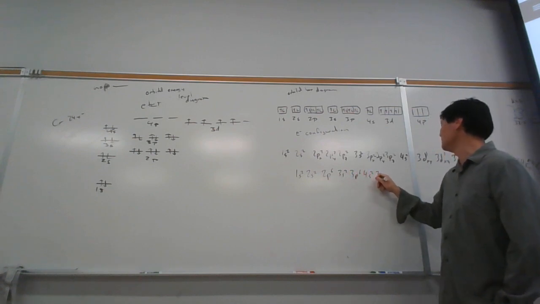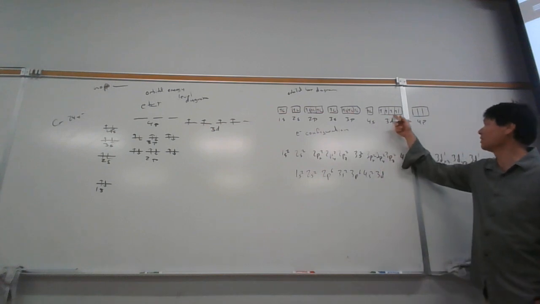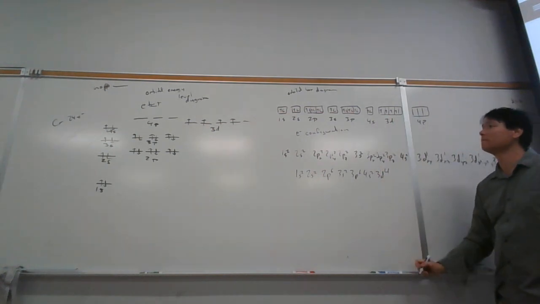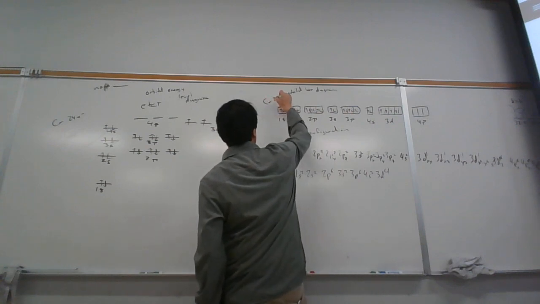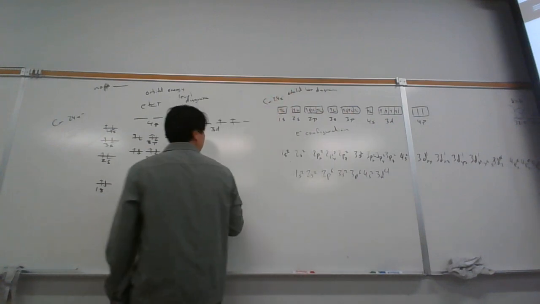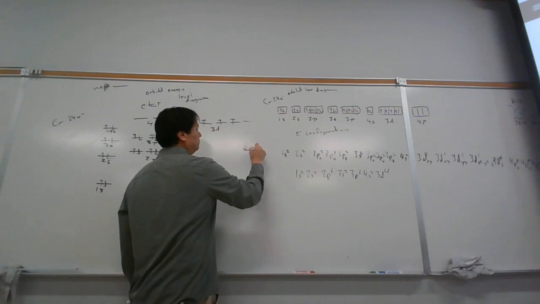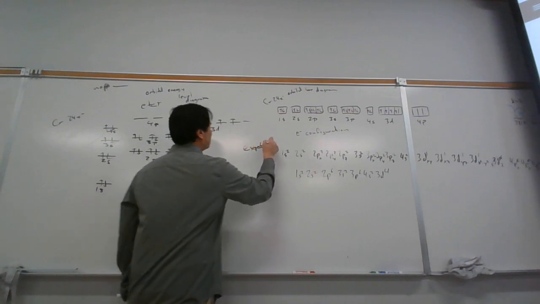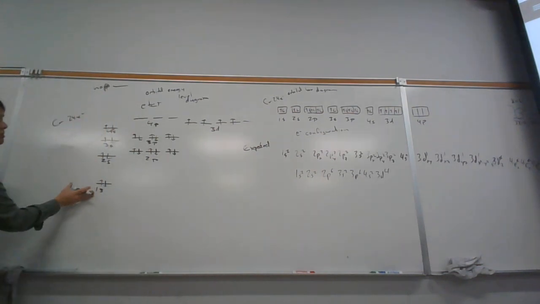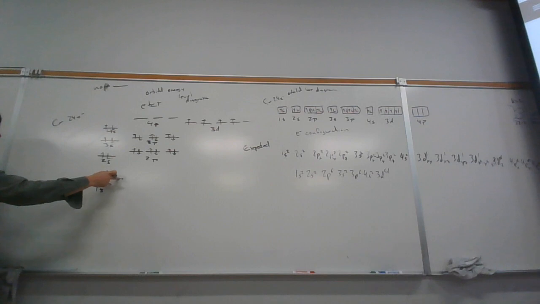4s2, 3d. Now there are only 4 electrons in the 3d. This would be chromium, 24 electrons. And so this is the expected energy level diagram, which shows the most information, although I didn't draw the pictures of the orbitals here.